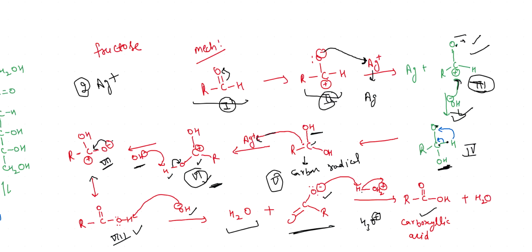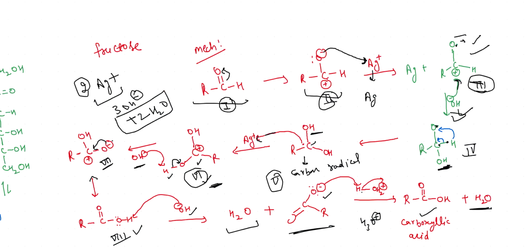So in the whole mechanism, two molecules of silver positive and three molecules of hydroxide are used, and there is formation of two molecules of water also. So this whole explains how the carboxylic acid is formed.